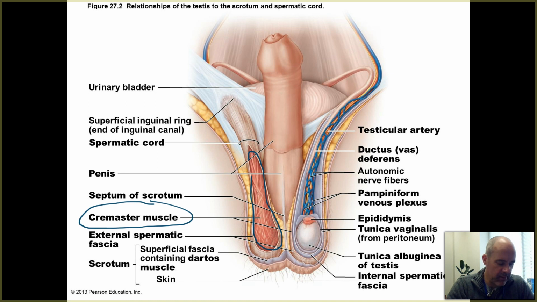And the dartos muscle is actually embedded in purple. Here you've got this layer of fascia that's located just deep to the skin, so it's going to be dense connective tissue, and then there is smooth muscle embedded in there as well, and that's able to help out with contracting and raising the scrotum as well when needed to help protect the testes.